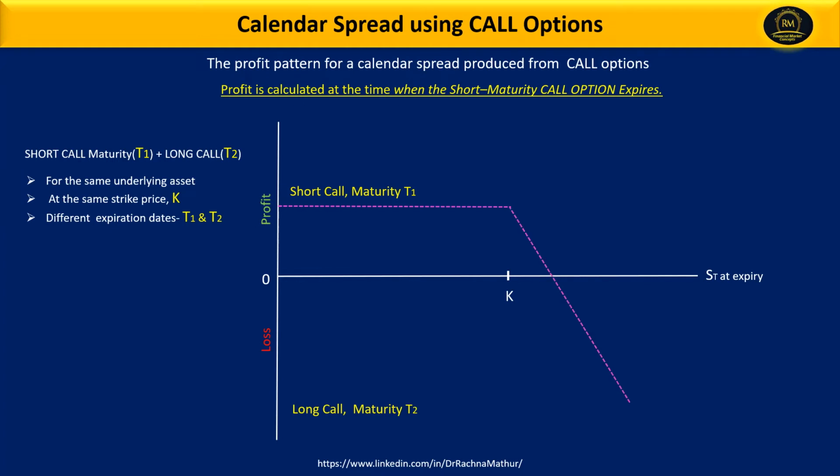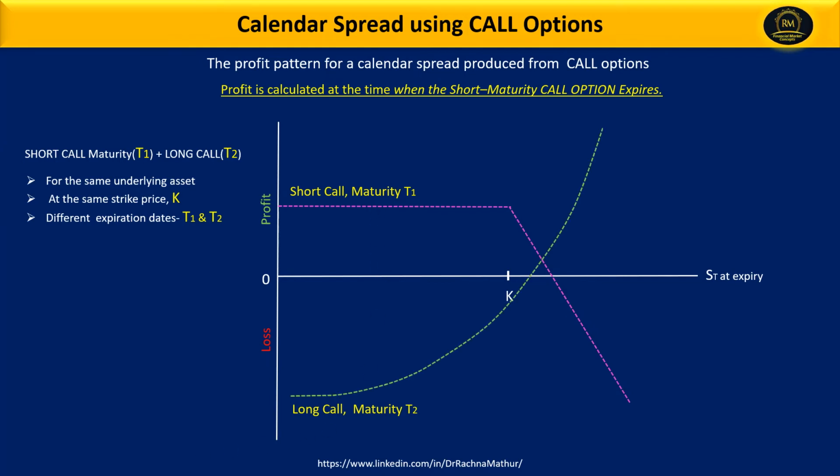Now the short call will be in a kink shape at strike K. This shows that if the stock price goes up, the short call will have a loss, or it expires, but if the stock price goes down, the short call will have a limited profit.